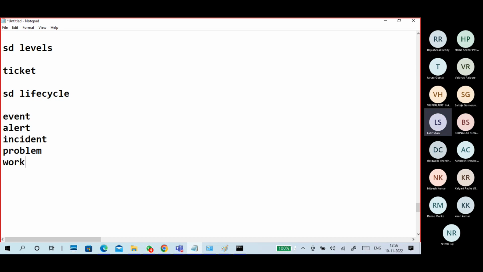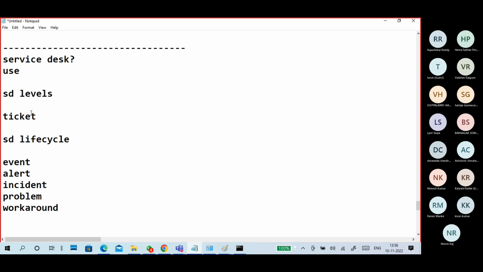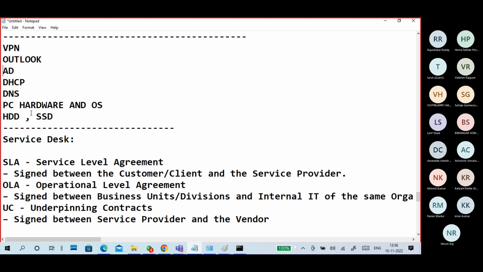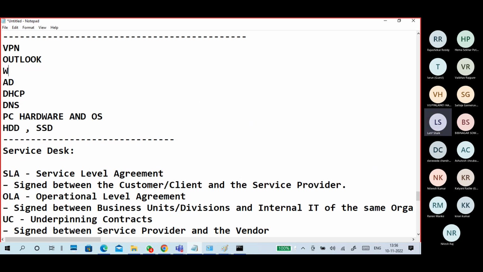So not work group, workaround. What is work group and domain? Yes, already I told you, when you are searching for a domain, always search for an AD domain. Okay. Don't like my statement, no problem, but search as an AD domain.